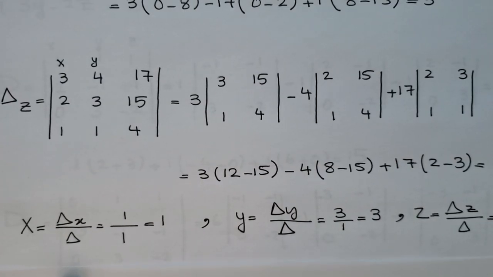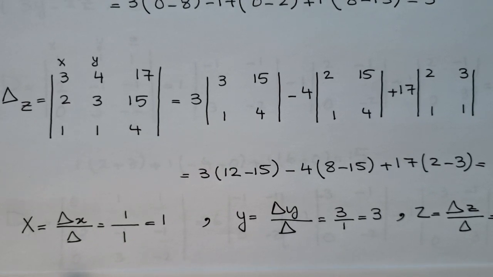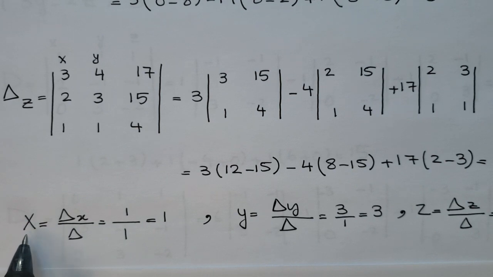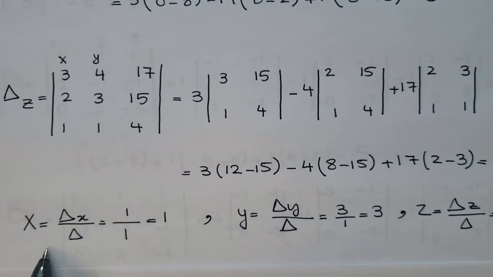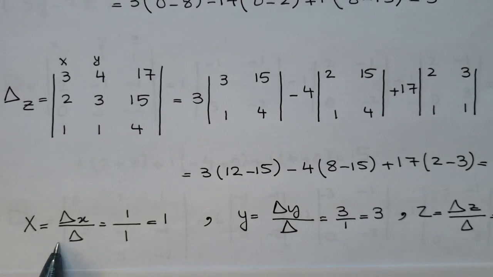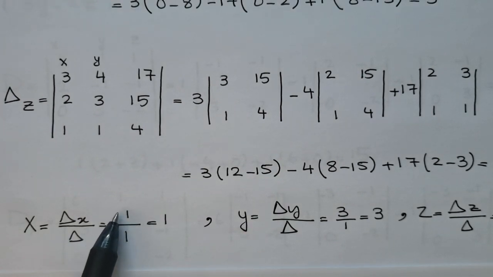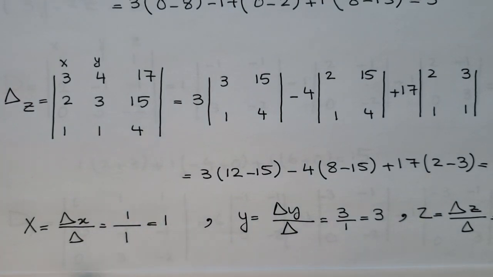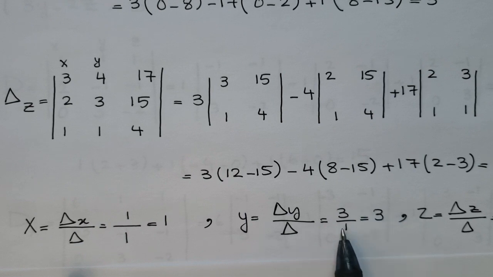Okay, the next and the last step would be to calculate the values of x, y, and z. The x value would be the determinant of x over the d, which is the determinant of coefficients. So the dx is 1, the d is 1. So x would be 1 over 1, which is equal to 1. Y would be dy over determinant d, which is 3 over 1.